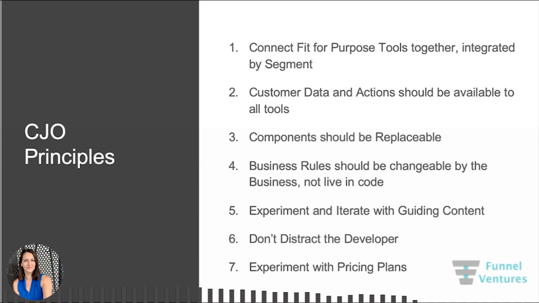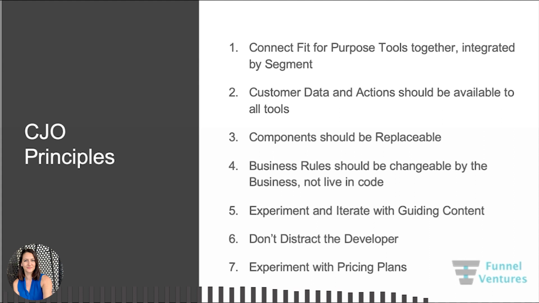Number 4, business rules should be changeable by the business and not live in code. Number 5, we want to be able to experiment and iterate with guiding content. And by that I mean those in-app walkthroughs and pop-ups and tooltips and all of those kinds of things. You're never going to get that right on day one. And if you use custom-built software to implement those, then you're actually, once again, tying yourself way too closely to the developer and their bottleneck.